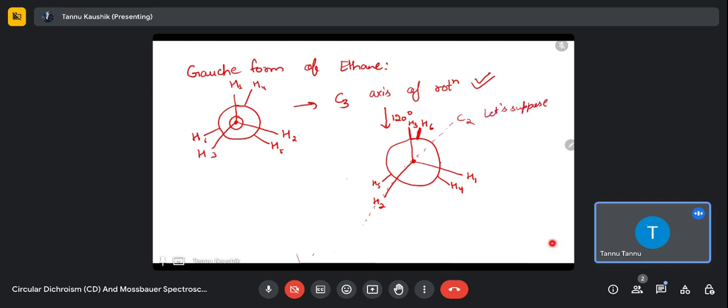If you apply this C2 axis of rotation, you will get H1, H3 here, H2 as it is. Similarly, H5 will remain as it is here. But this H4 will come like this.